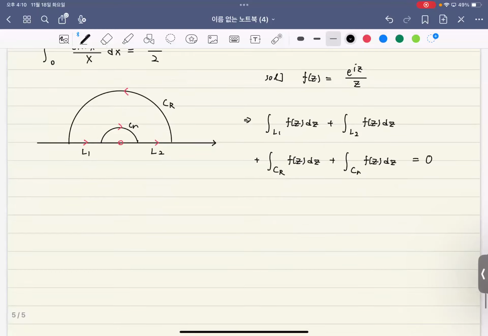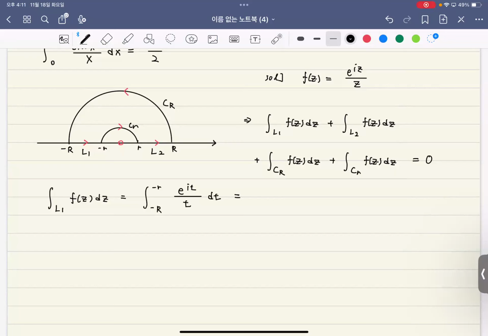Well, first I want to discuss this. This is from r to R, and this is minus R to minus r. This is an integral on the real line, so this should coincide with the integral on the real numbers, from minus R to minus r, of e to the it over t dt.